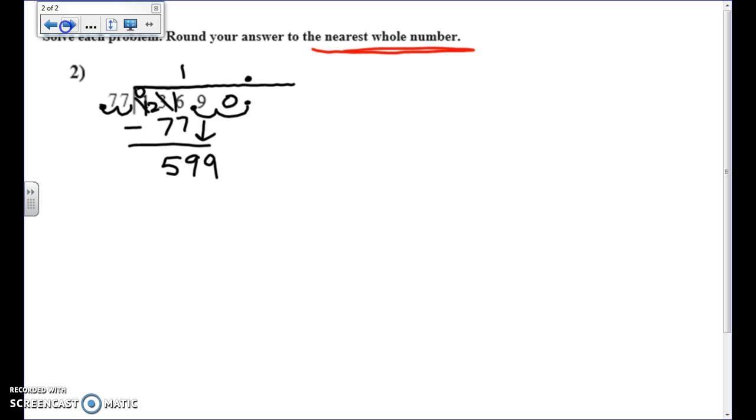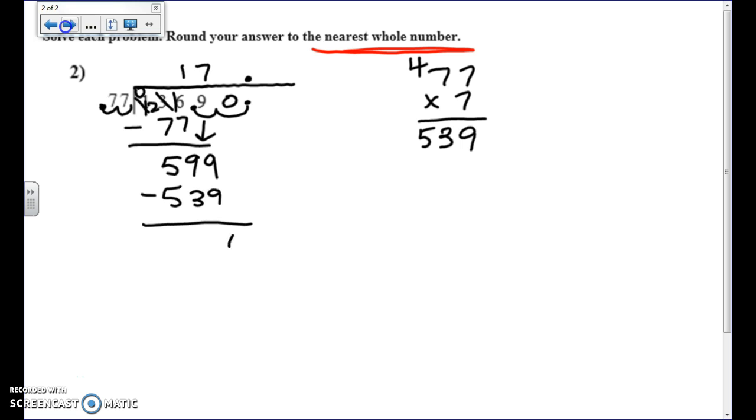So I'm going to think of it as 8 going into 60. I know 8 goes into 67 times, so let's try 77 times 7 and see how close we are. Looks like we're at 539. I think that's going to be as close as we can get. So we're going to subtract 539, and that leaves me with 60, and I'm getting close to being done.